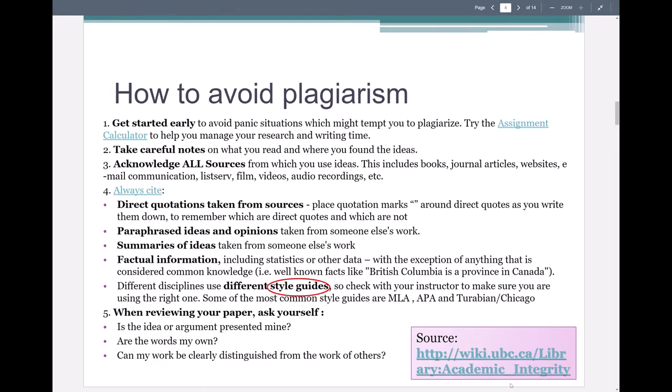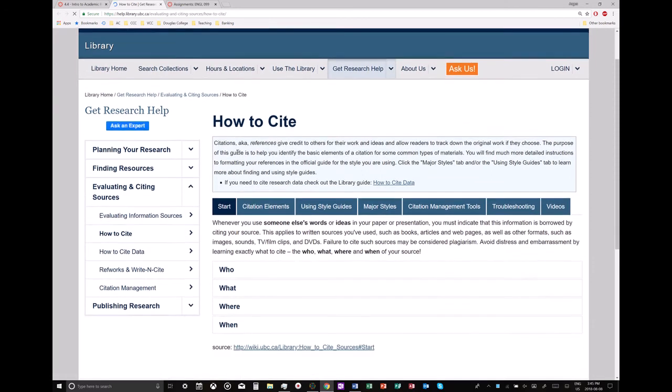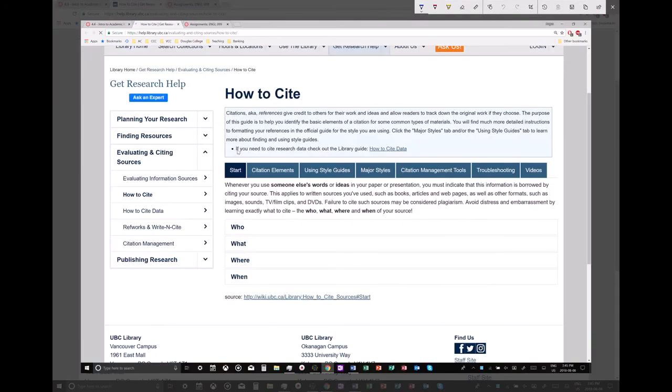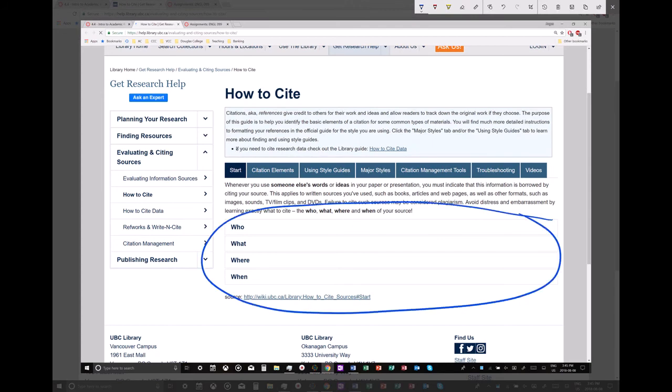Okay, and for more information on how to cite, there's the Always Cite button, and it teaches you how to cite. This site's pretty good. It's an interactive website that shows you how to cite, and it asks you the key questions about sources. You've got the who, what, where, and when.